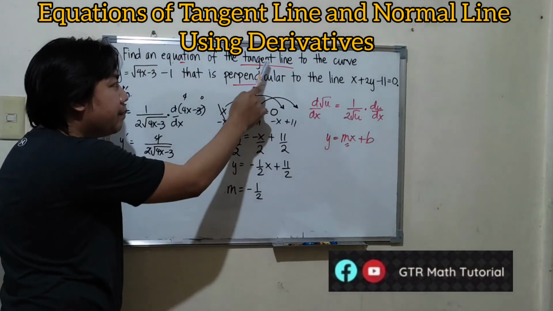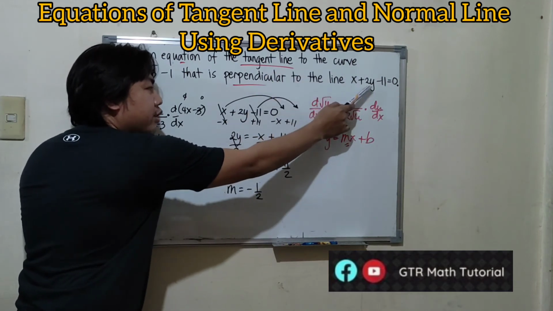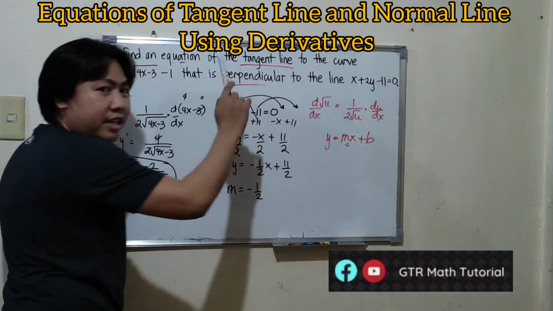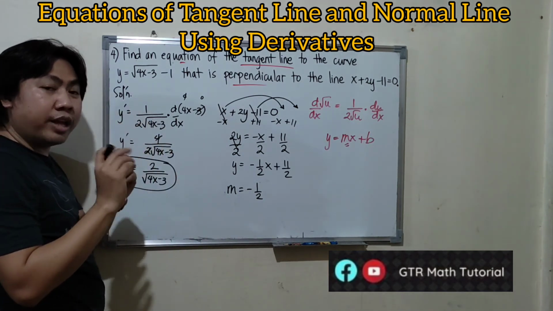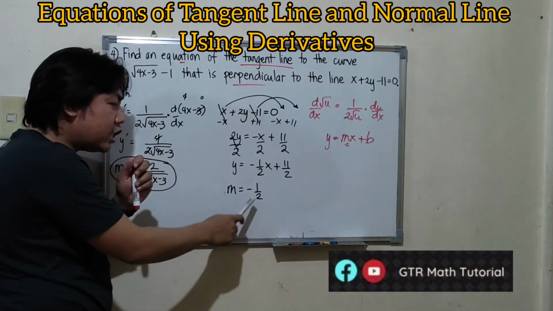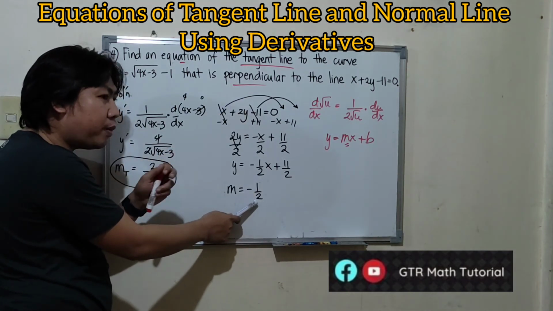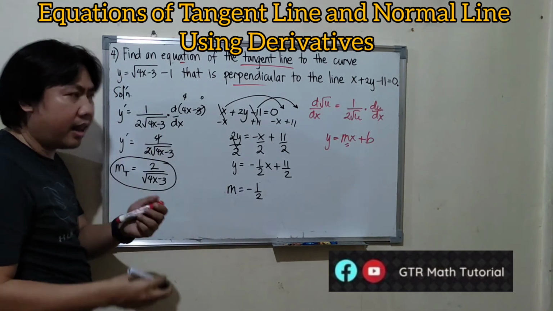Pero perpendicular daw siya. Yung tangent line is perpendicular to this line. So using the definition, the product of the slopes of two perpendicular lines is equal to negative 1. Or if given the slope of this line, the slope of the line that is perpendicular to this is the negative reciprocal. Okay?